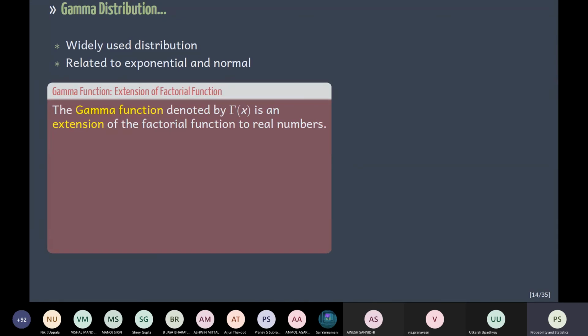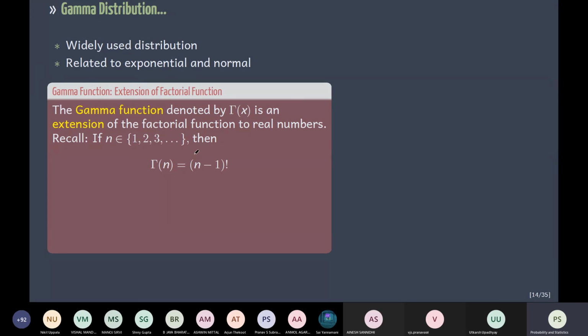But before doing that, as I just mentioned, I have to describe the gamma function, and the gamma function is an extension of the factorial function for real numbers. So if we restrict the gamma function to the natural numbers, then this is how we define it: for n it will be n minus 1 factorial.